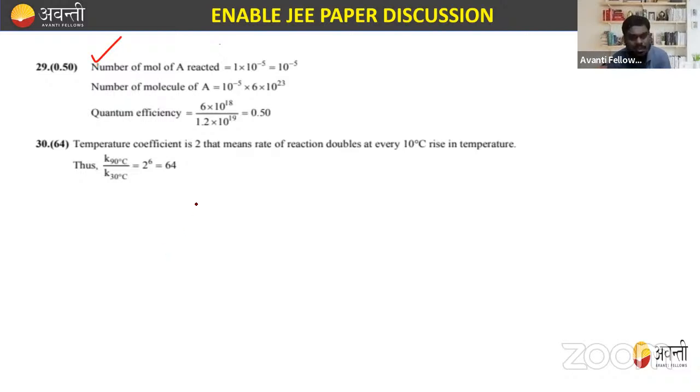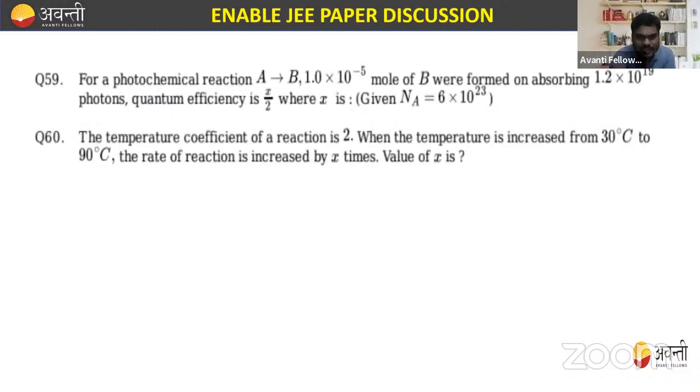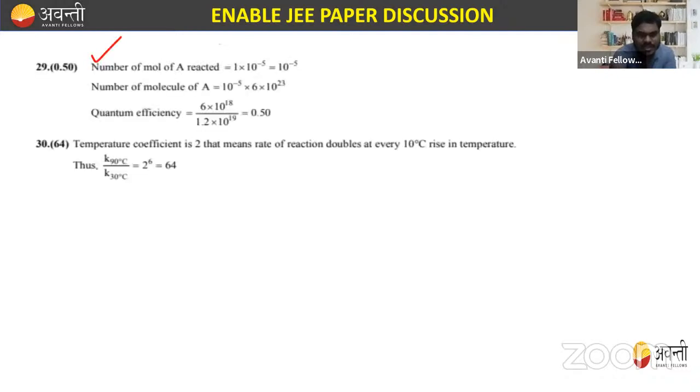Quantum efficiency means the number of molecules reacted per photon absorbed. So we can calculate this using quantum efficiency, and it comes out to be 0.50, or 50%.